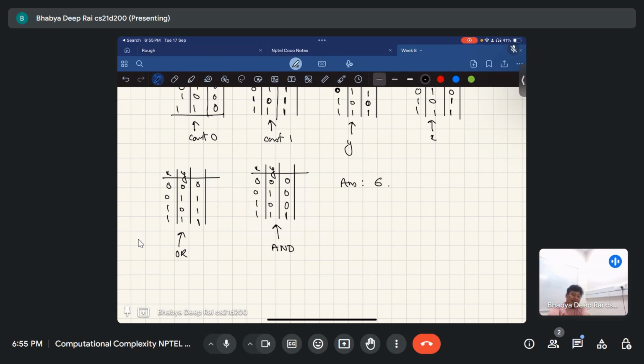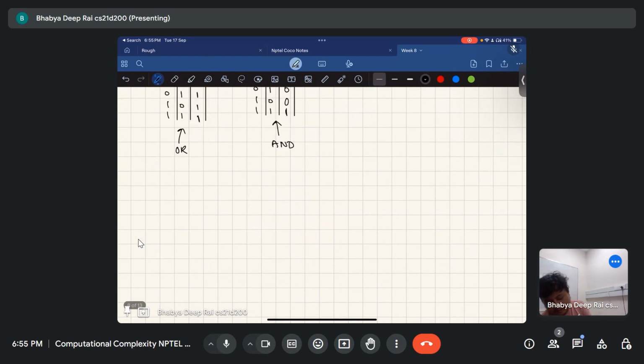And note that unlike the symmetric case, I did not come up with a general formula for this. Why? Because such a general formula is not known actually, and this number of monotone functions on n bits is actually what is called the Dedekind number.